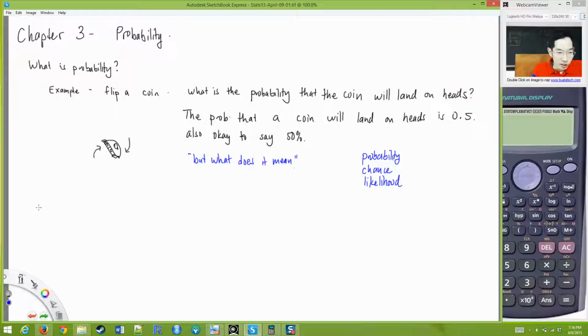Okay, so we're going to just say the classical frequentist view of probability. And when we talk about probability, we are talking about the long run relative frequency.